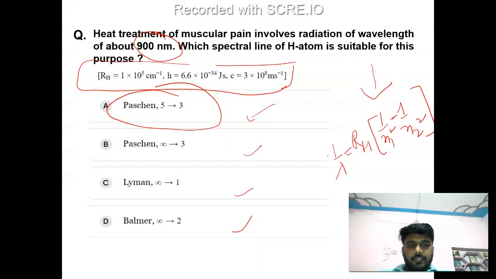After putting the n1 and n2 values, you have to convert this centimeter inverse to nanometer.